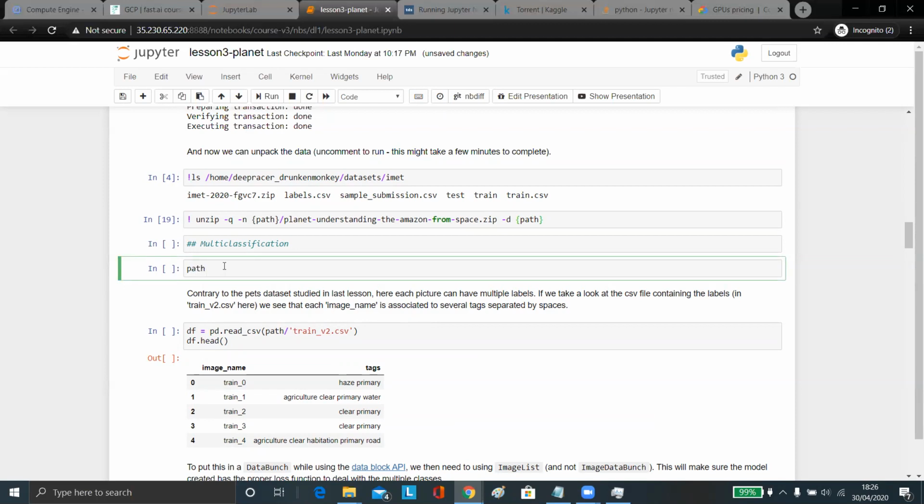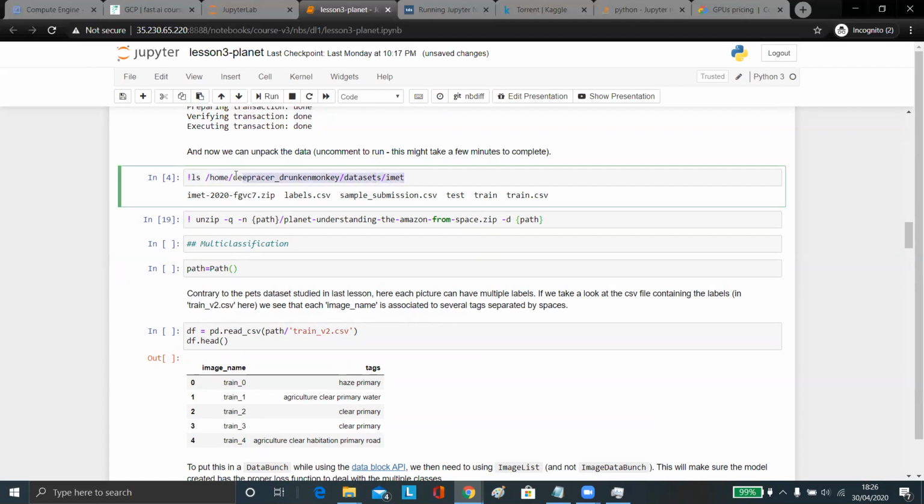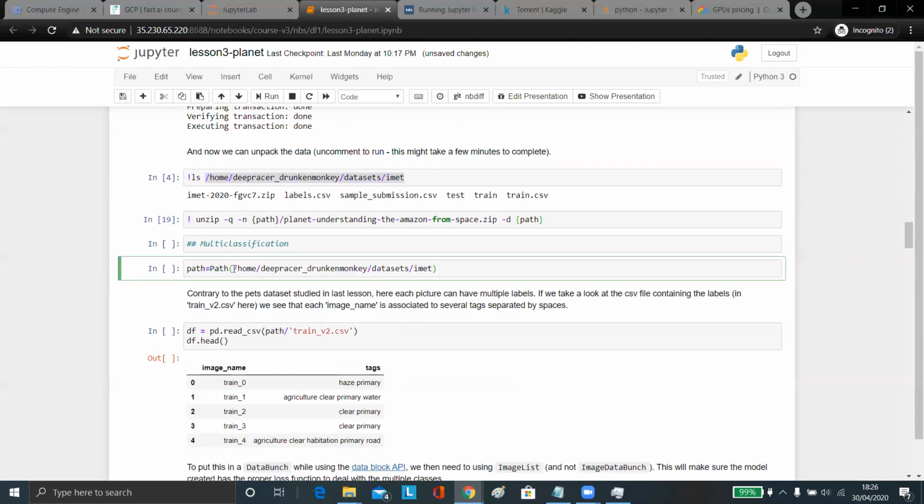Path equals, and we'll give it something like this. What is that path object? They have POSIX paths.